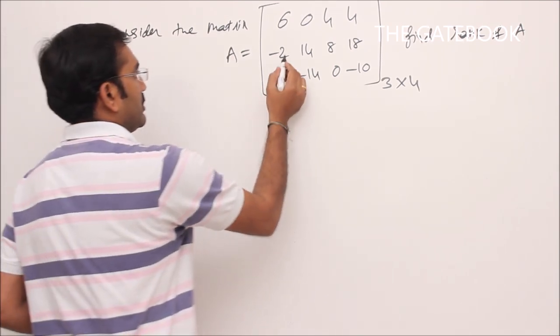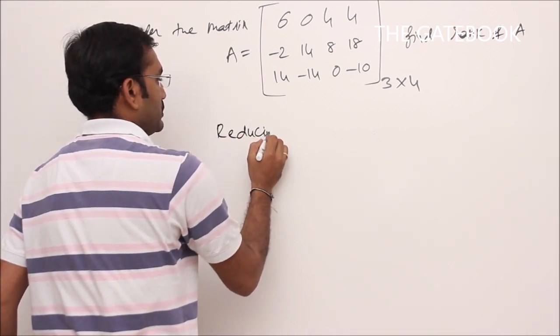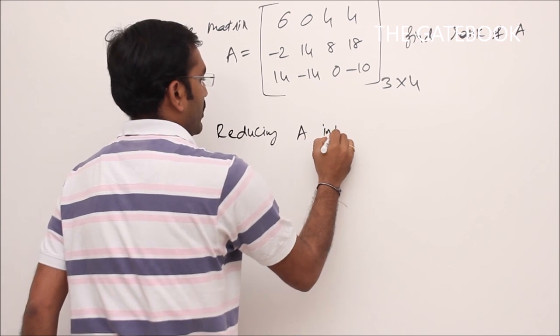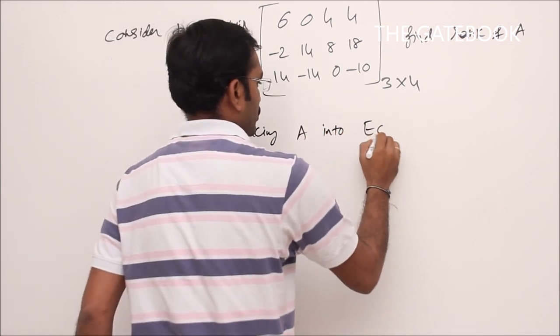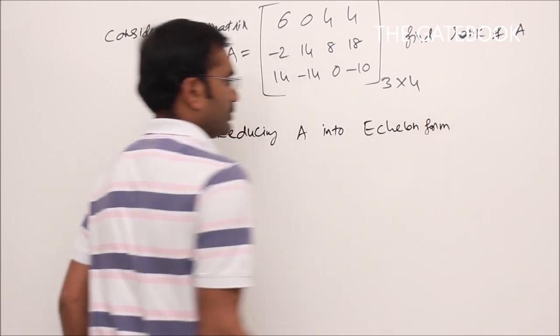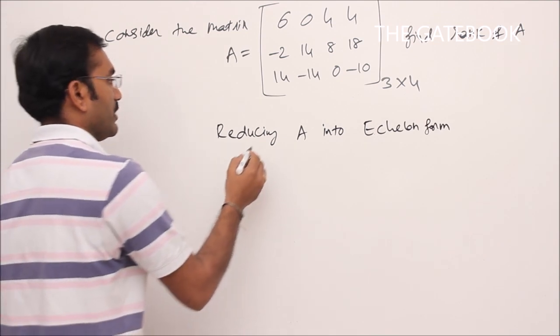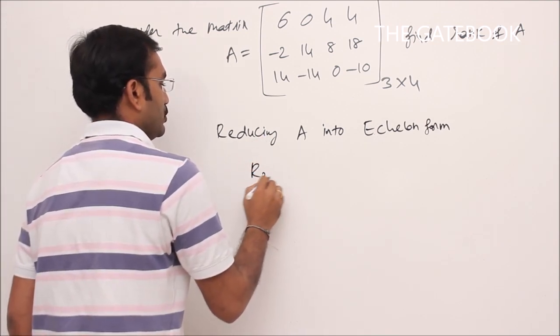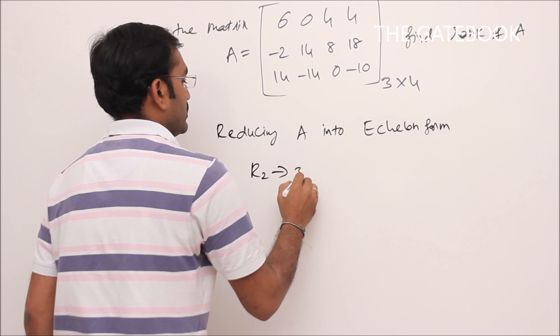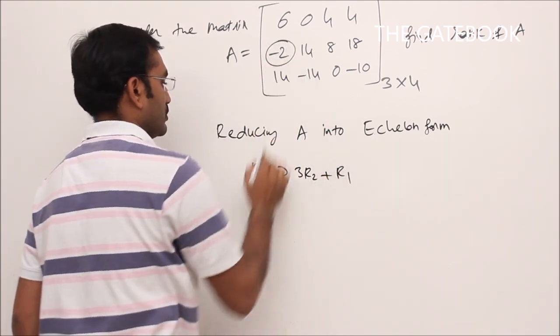See here, reducing A into echelon form. So I will apply these operations: R2 implies 3R2 plus R1, so that we can make this element 0.